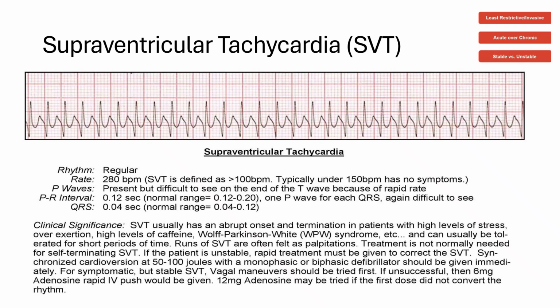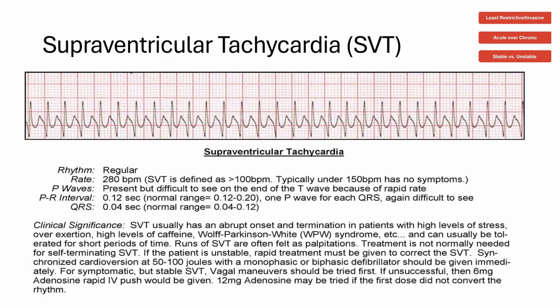If a patient is in SVT and they are symptomatic but stable, we first want to try vagal maneuvers because that can slow down the heart rate. If that doesn't work, we may try a medication such as adenosine. And adenosine is a chemical cardioverter.